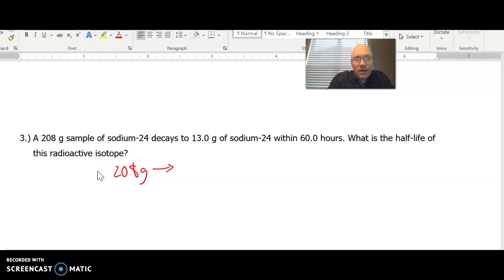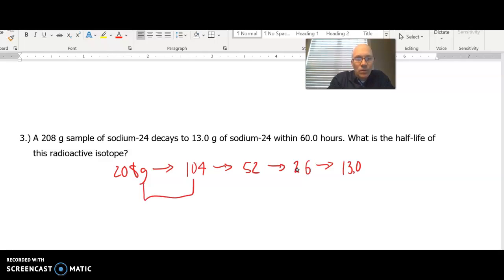All right, so let's figure out how many half-lives that would be. 208 to 104 to 52 to, sorry, that would be 26, and then finally to 13 grams. All right, and don't worry about significant figures in these problems. I'm not going to be grading on significant figures for these types of half-life problems.